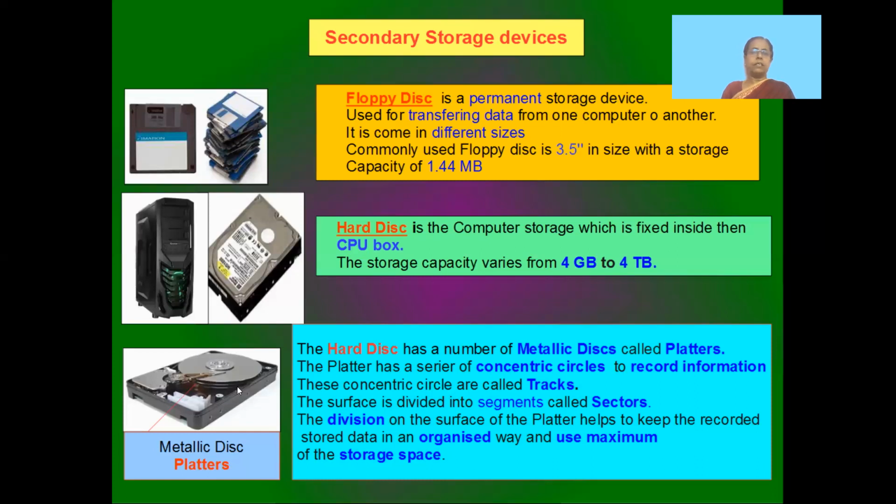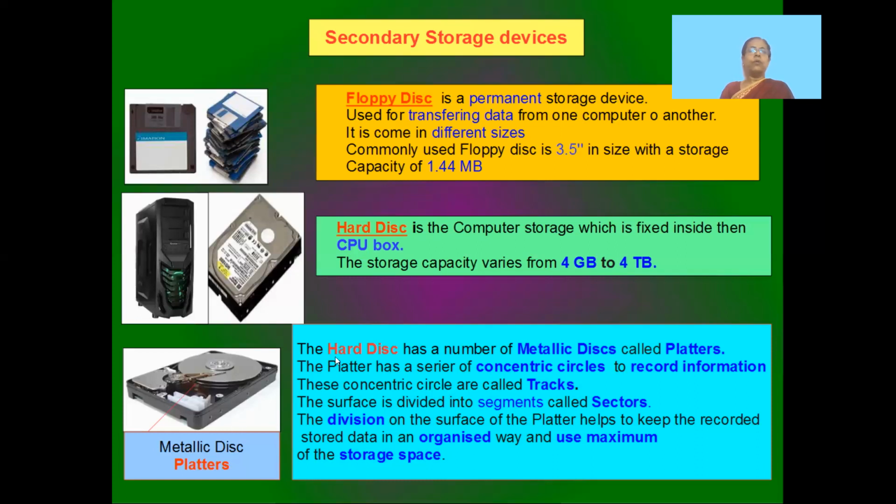These concentric circles are called tracks. The platter surface is divided into different segments called sectors. This division helps to record and store data in an organized way, such that you can use the maximum storage space. Clear, children?